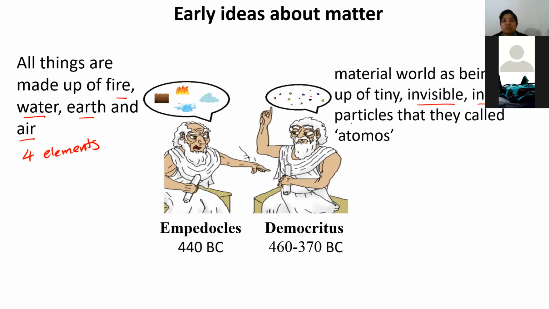Indivisible in Greek means atomos, and that is how we originated the name for atom. So those are the early thoughts. The first person to propose this indivisible particle concept is Democritus, but he never did any scientific work.